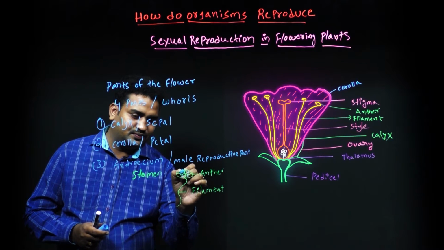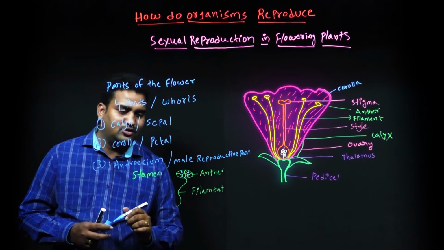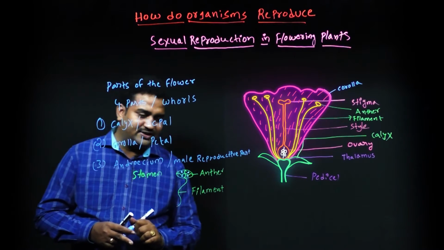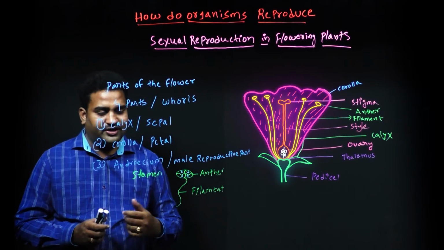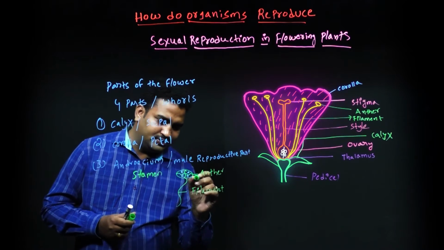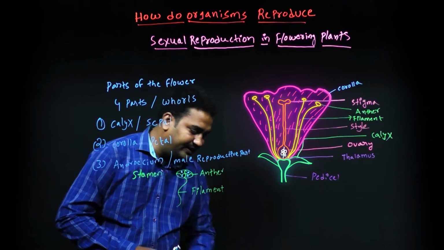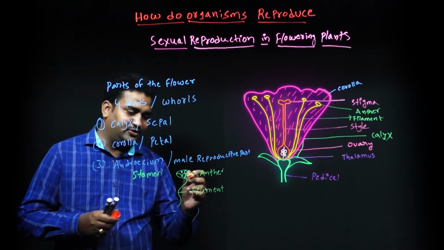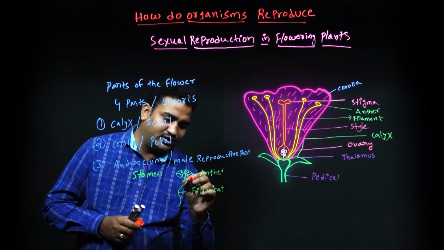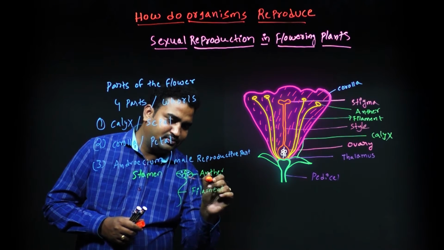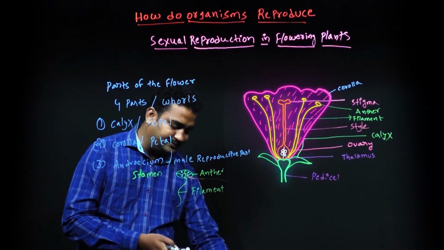This theca is also known as pollen sac. This pollen sac contains many pollen grains. These pollen grains are the male gametophytes. Pollen grains are referred to as male gametophytes.